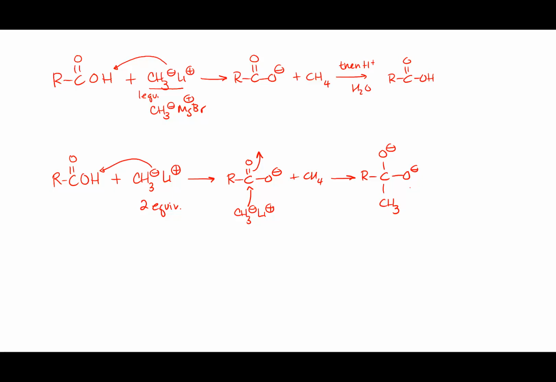We've talked about in the past, well, maybe the O- wants to bring its pair of electrons down. Maybe this wants to come back down here, but then something's got to leave. There's nothing that can leave, so this molecule is stuck. I'm now going to add H plus H2O to it. When I do that, what do I form?